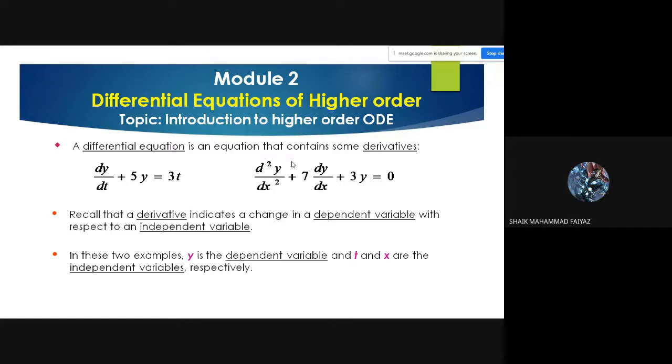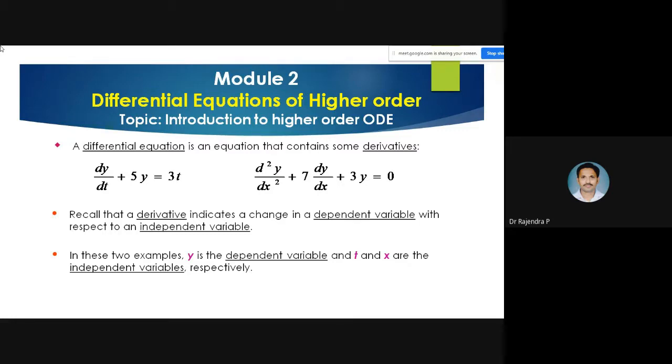Yes, sir. So what about the second equation? What is the order and degree for the second equation? 2 and 1. Very good. The order is 2, and for that order, the degree is 1. Let me check the other derivative in the same equation.